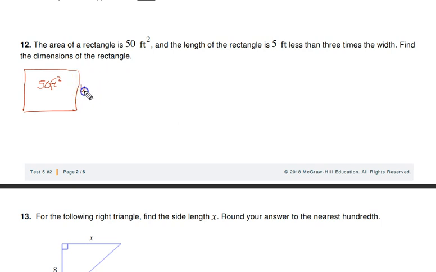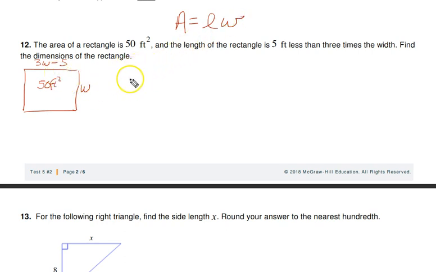So this will be the width, and the length is going to be 3 times the width less 5. So I think this is good here. So the length is 5 feet less than 3 times the width, so 3 times the width minus 5, this is the width.